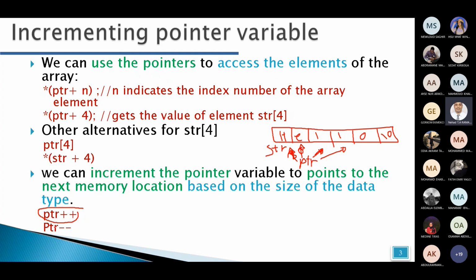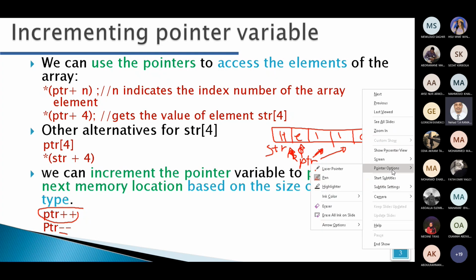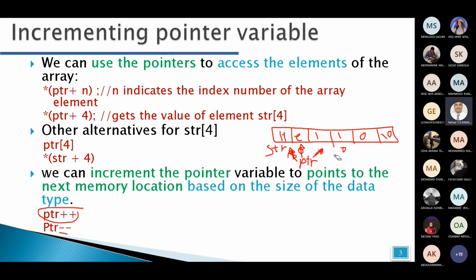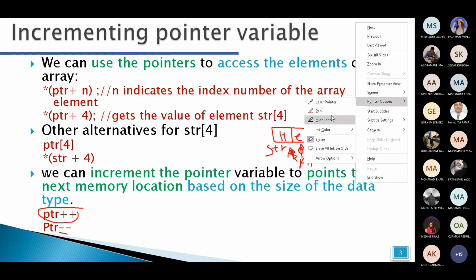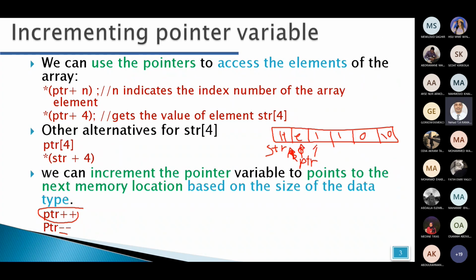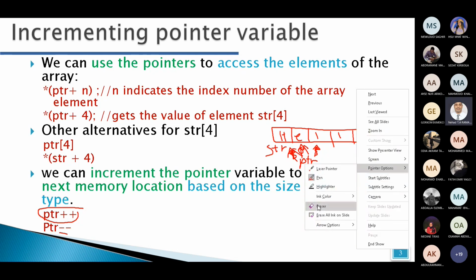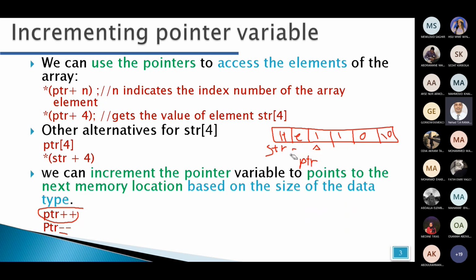Okay, ptr-- means move it to the previous element. So it will move it from here to the previous element, and so on, from here to here, and like this.